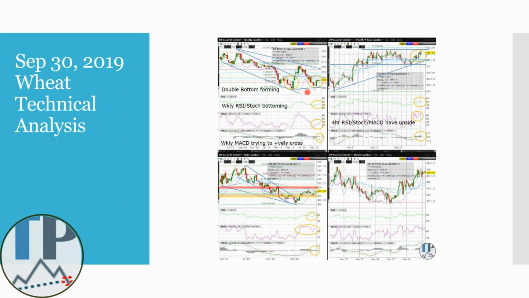But basically, we had a confluence of bullish events here. You can see on the weekly RSI stochastics that they were bottomish at this period in time on September 30th. And on the weekly MACD, you can see it was trying to positively cross. So pretty bullish from a generic analysis approach.